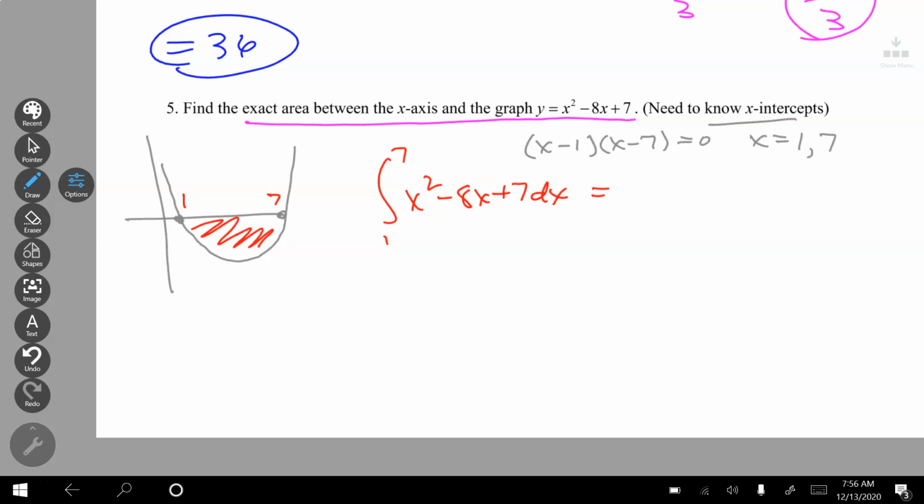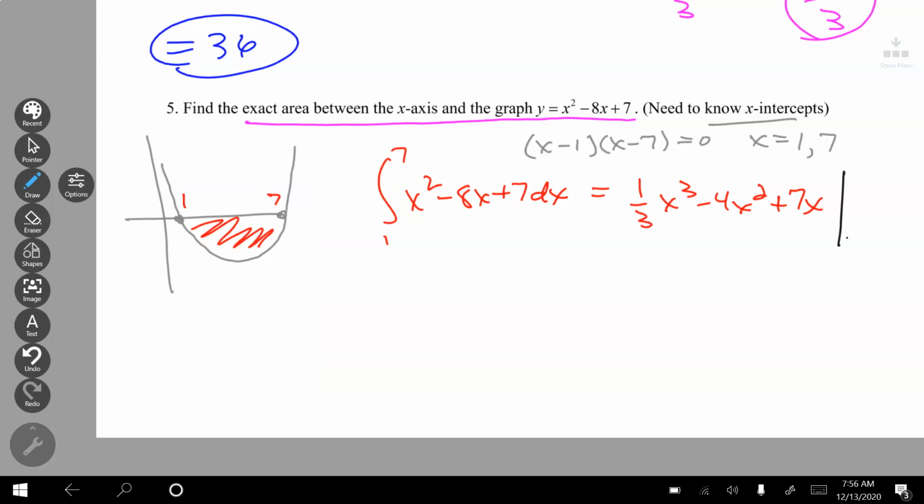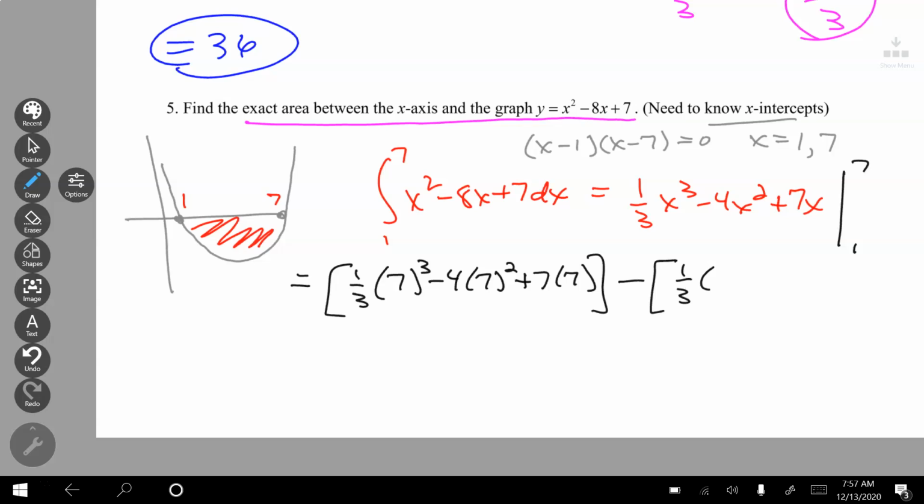And then you take its antiderivative, which is going to be 1/3 x cubed minus 4x squared plus 7x. And I'm evaluating it between 7 and 1. So I plug in 7: 1/3 7 cubed minus 4 times 7 squared plus 7 times 7. Minus, now I plug in 1: 1/3 1 cubed minus 4 times 1 plus 7 times 1.